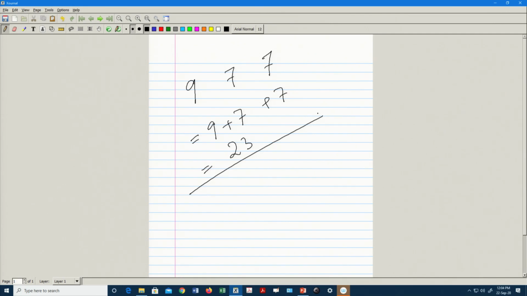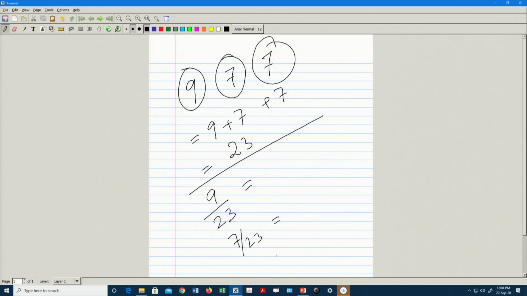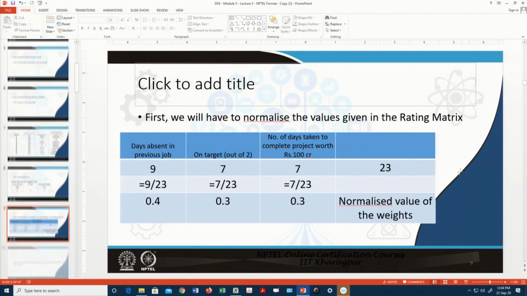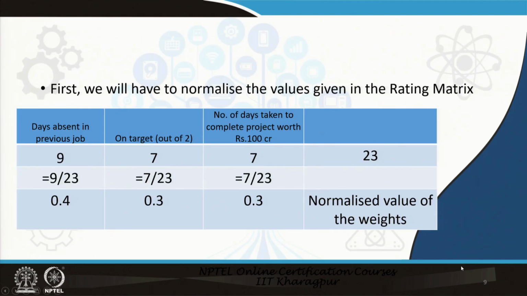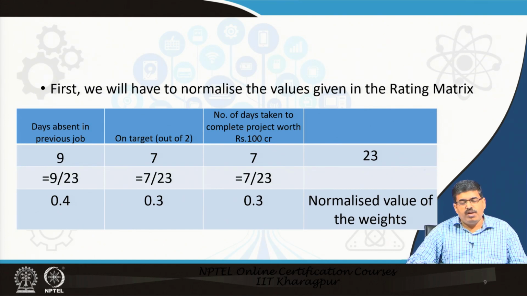So what is your normalized score? 9 by 23. This is basically your normalized score. Clear? So this is the normalized score: 9 by 23 is 0.4, 7 by 23 is 0.3 and 7 by 23 is 0.3. So this is the normalized value of the weights.